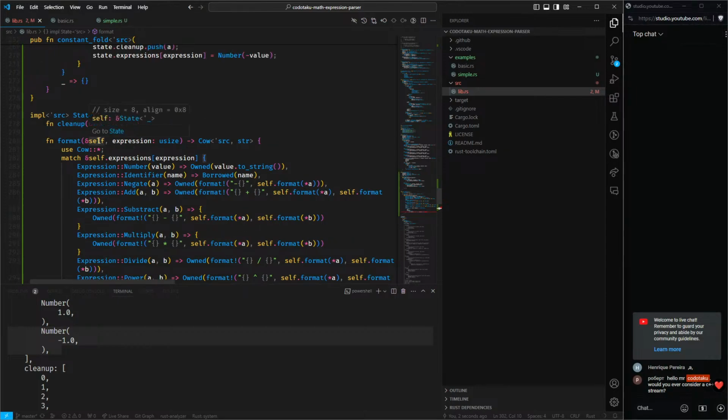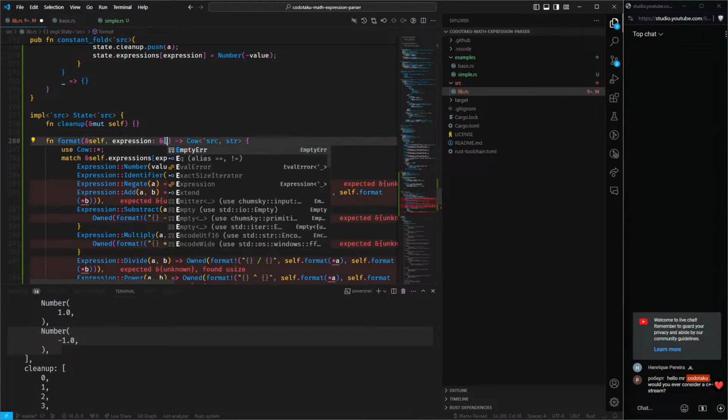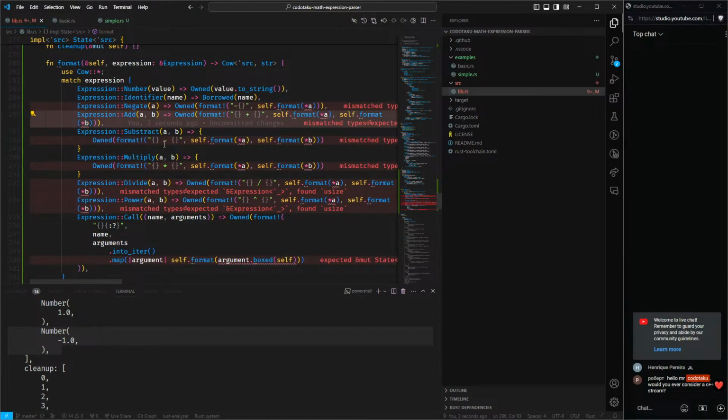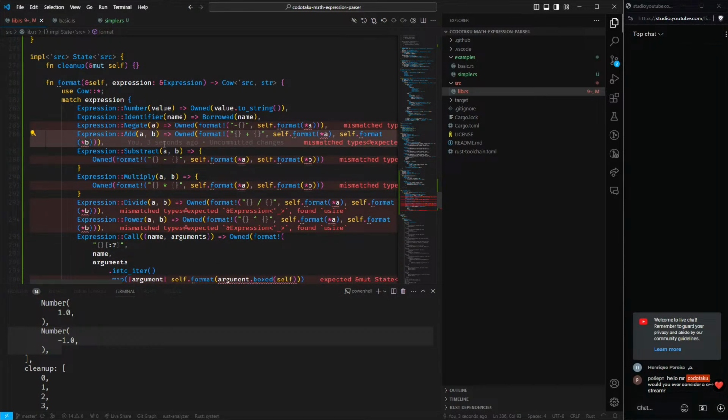Would it be any better if I just took expression as a reference instead? Hopefully. I have no clue. Okay.